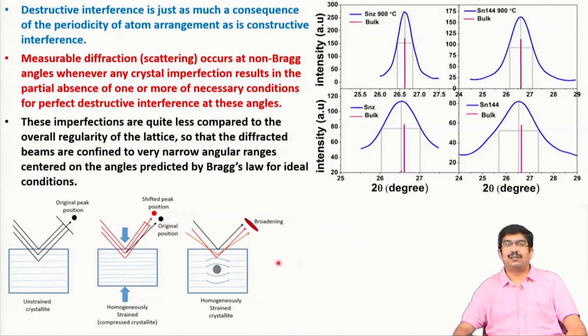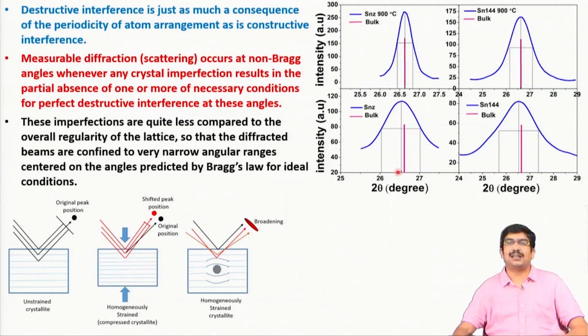But when there is some kind of defect present in the material, the atomic planes are no longer continuous and do not have the same d spacing. The result is that the peak is now broadened. These peaks are not as narrow as this line function, they are getting bigger and bigger.